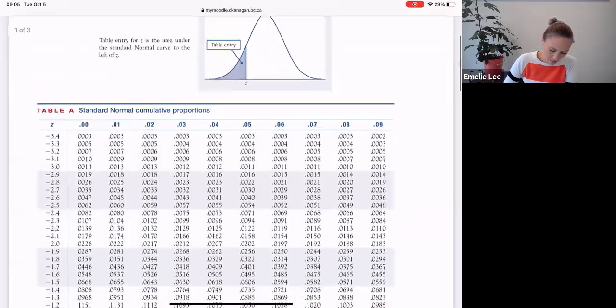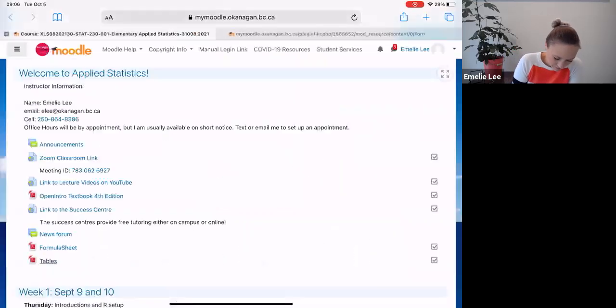So, but it's definitely old school, but it is how we teach it still, because a lot of calculators can't do these calculations, but a lot of them can anyways. So there's some tables. All right.